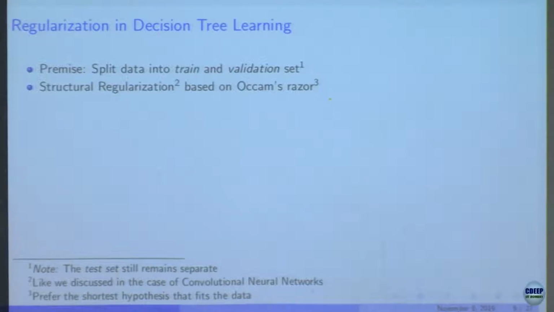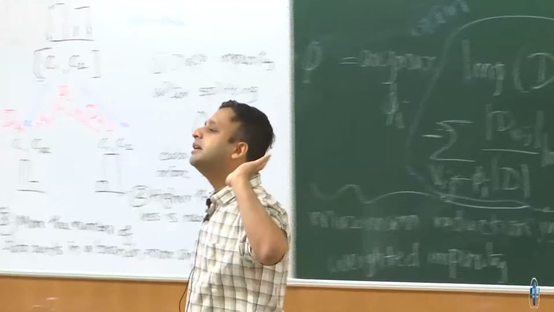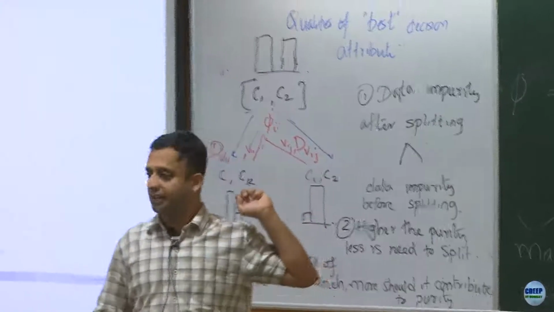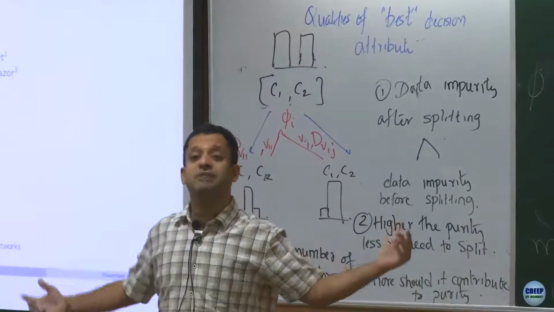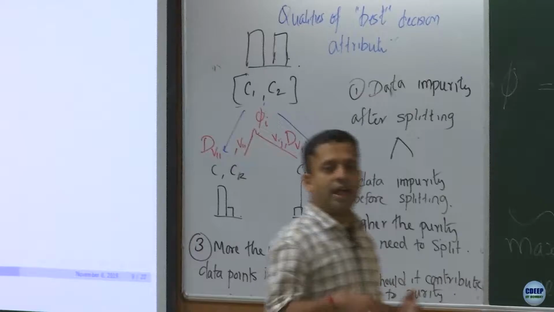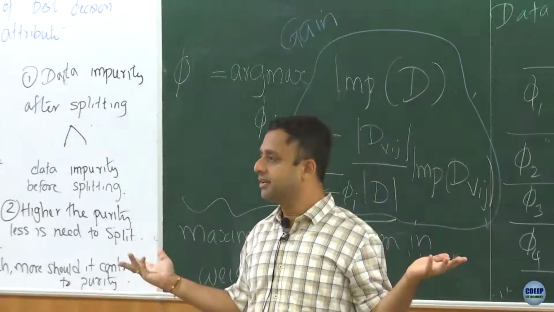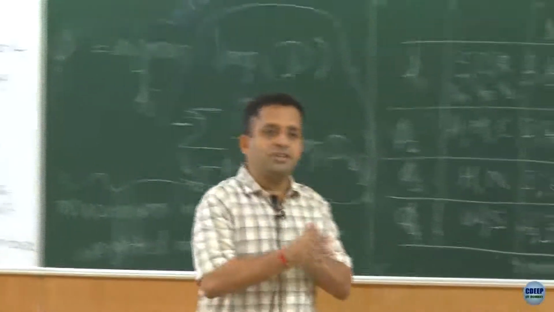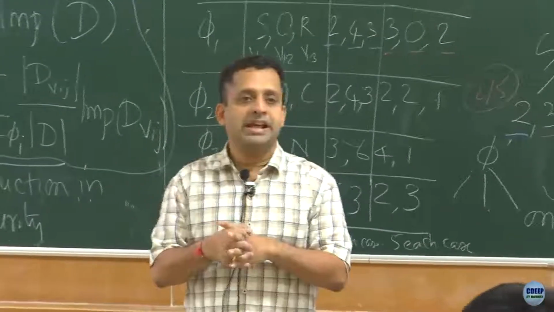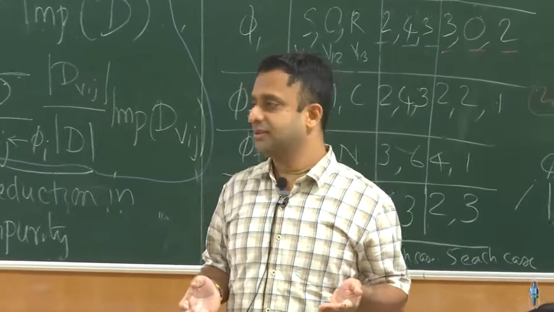One way is, I will keep on building, catering to even one example. For every example I will build a separate feature splitting. So your decision tree can become very large, and a large decision tree means overfitting.